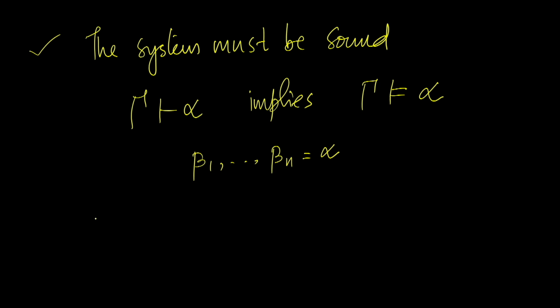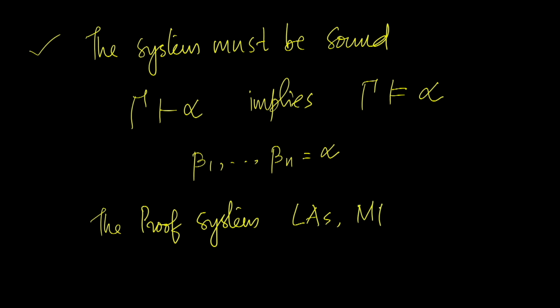It can indeed be shown that the proof system consisting of logical axioms and modus ponens is sound, in the sense that if you plug in any gamma, anything that is provable within this system would be a logical consequence of gamma.